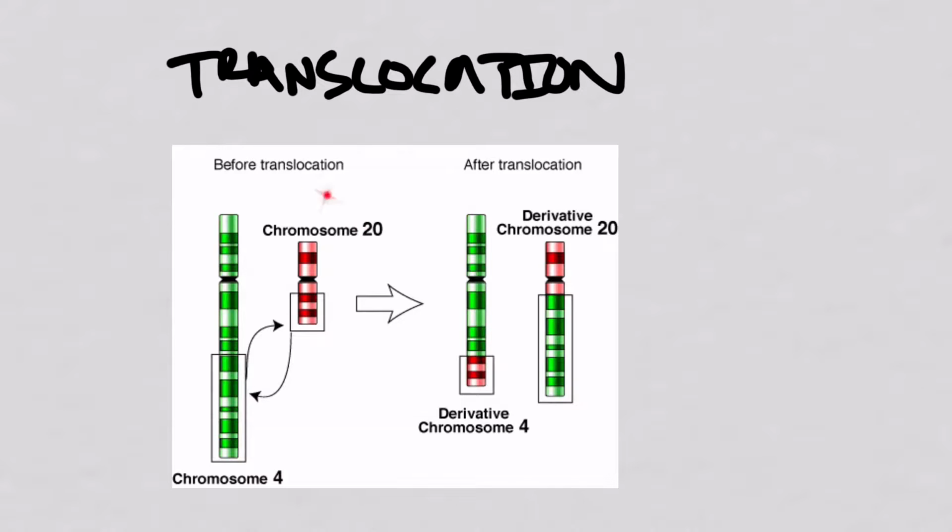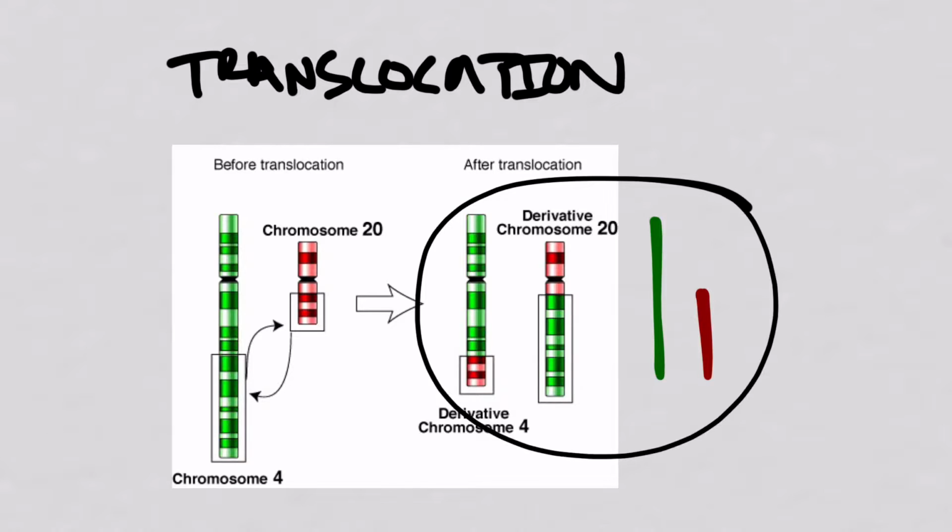Because say this happened in a sperm cell, so then the developing embryo has this chromosome 20 here and here, and chromosome 4 here and here, but they also got chromosome 4 from their mother and 20 from their mother. So let's say this is a person. I'm going to put this in a cell. Okay, so this has become a person.